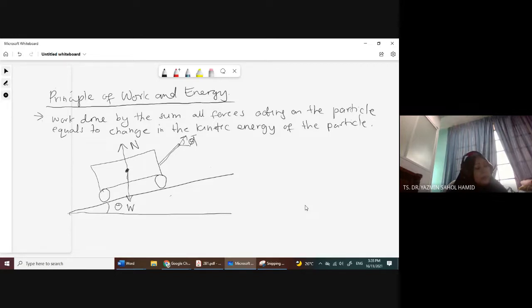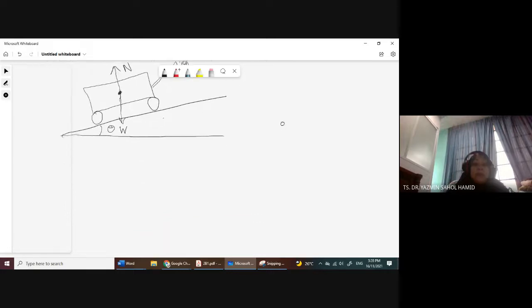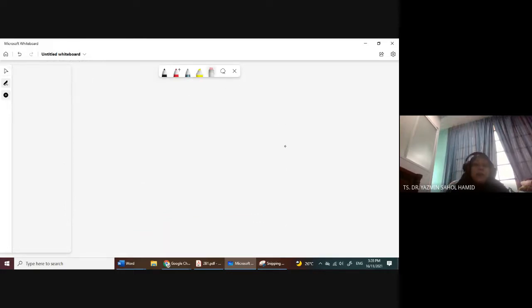I will hold on this part, because I expected that by now you would be able to tell me the force of T and the force of W in the direction of the cart going up this hill. But it's okay. I'm going to try a different way to explain it to you.